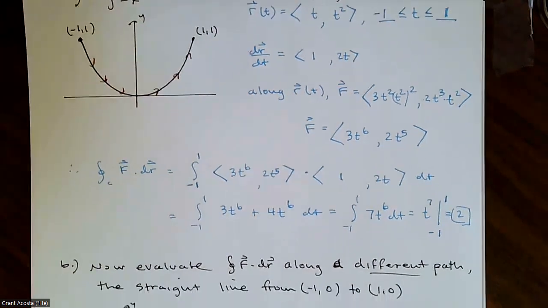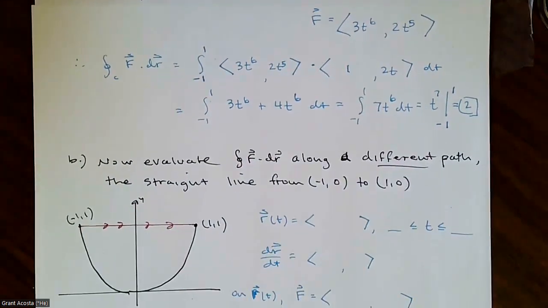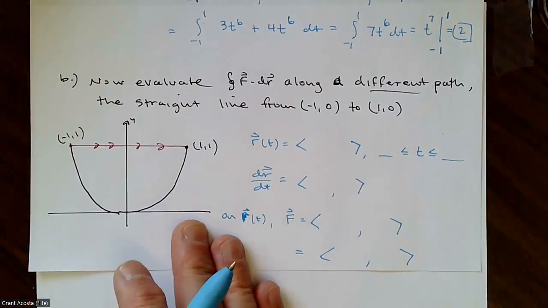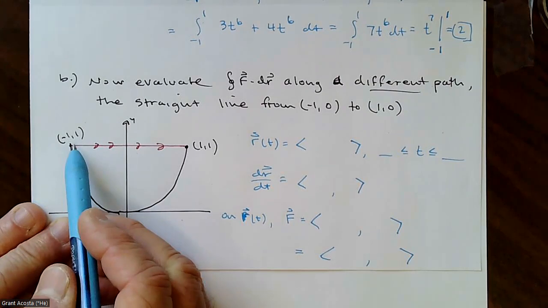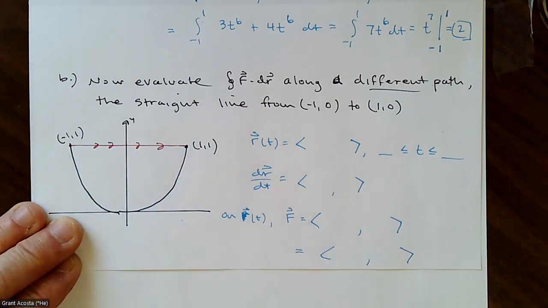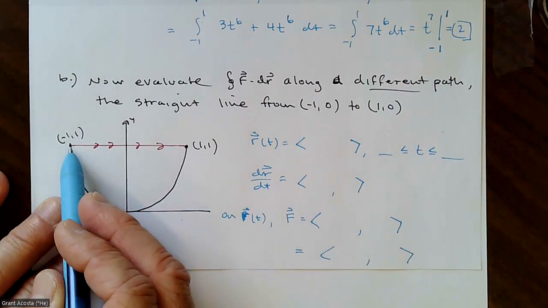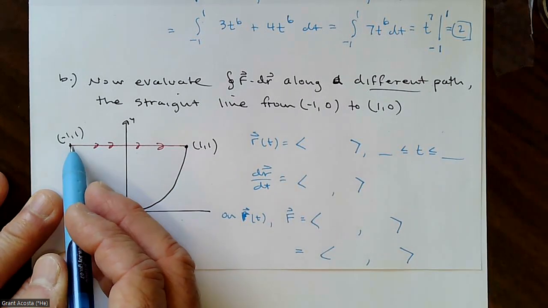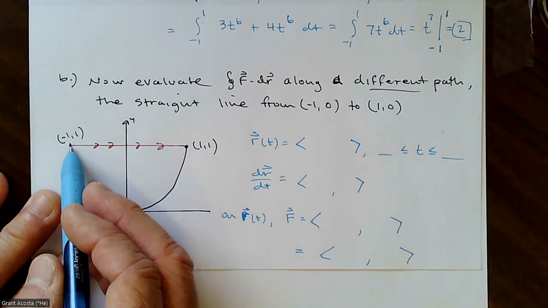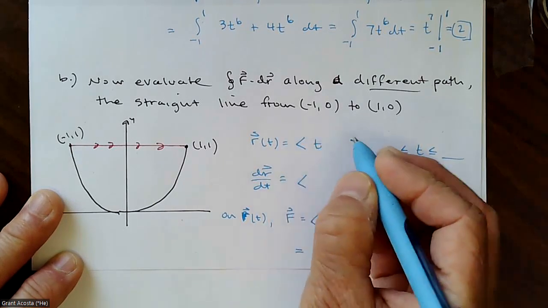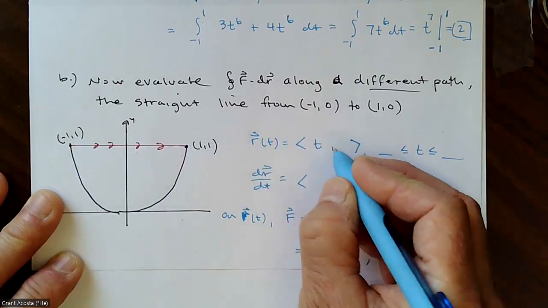So let's use that same vector field, but let's now compute the integral of f dotted with dr along a different path. This time we're just going to go straight from (-1, 1) to (1, 1). So if I want to parameterize that, there's more than one way to do it. I'm just going to say x is t, and y is always 1.